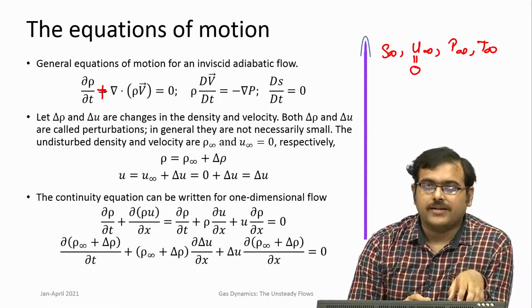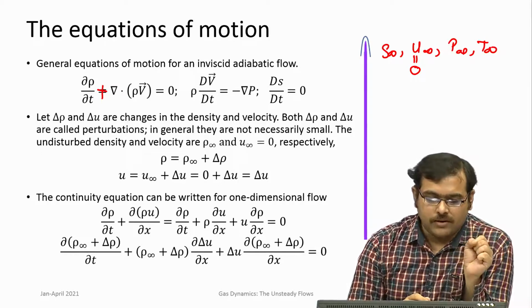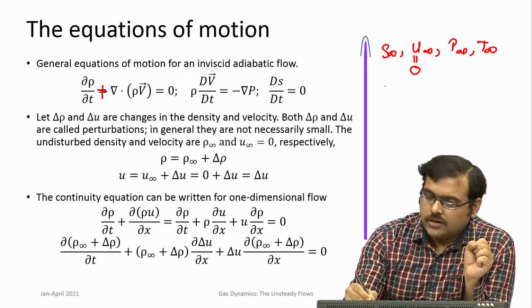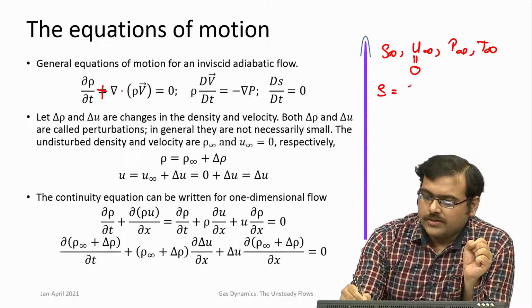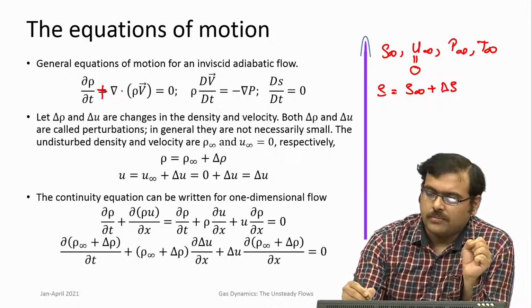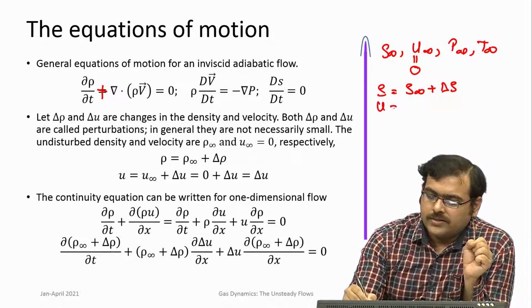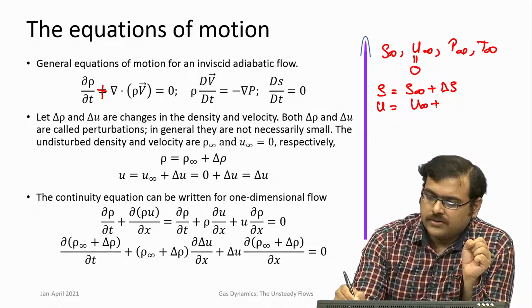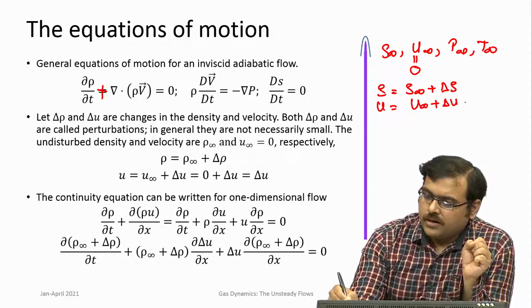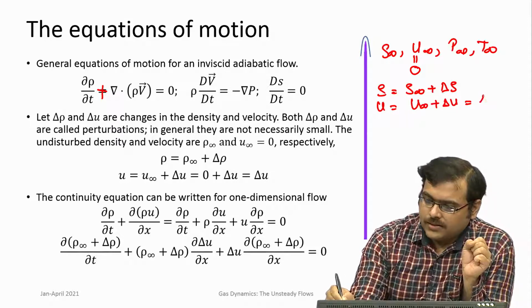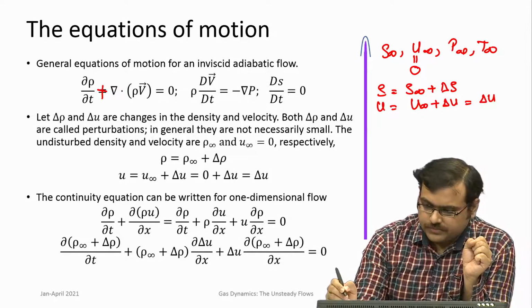Let us write the equations for these small perturbations. ρ is ρ∞ plus the small perturbation Δρ. u is u∞ plus Δu, which, since u∞ is 0, is basically Δu.